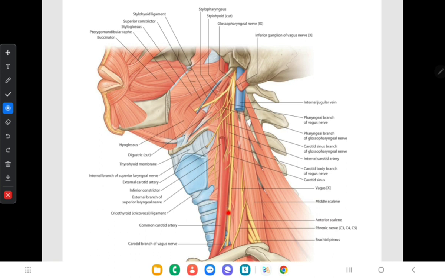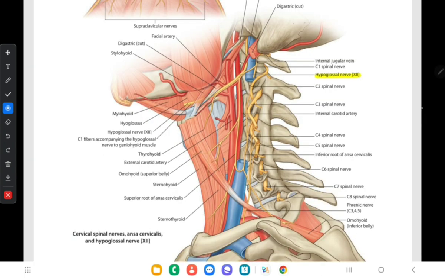Then you have the spinal accessory nerve, which crosses the superolateral angle of the carotid triangle to enter the sternocleidomastoid muscle. Here you can see the hypoglossal nerve, which is the 12th cranial nerve. It enters the carotid triangle deep to the posterior belly of digastric between the internal jugular vein and internal carotid artery.